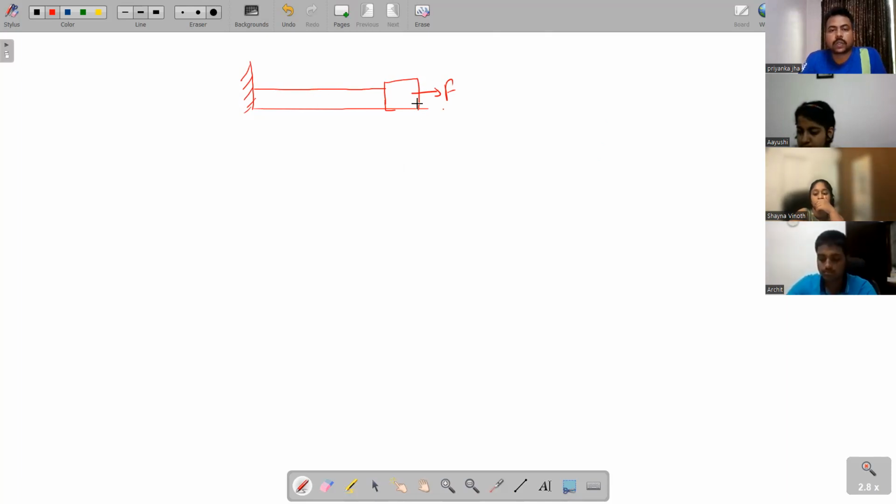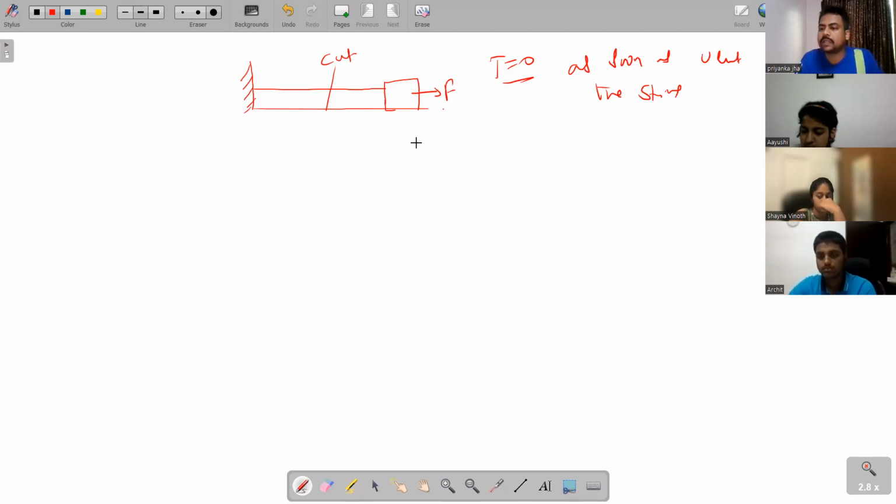This is the concept. But as soon as you cut the string, the string will get slack, so it will have tension 0.